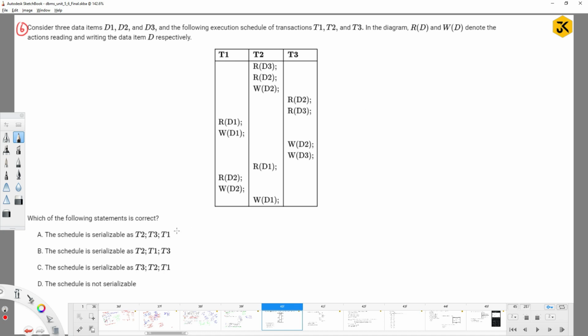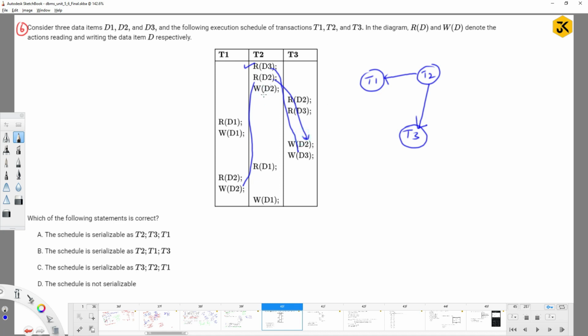What we can simply do is find the dependency graph. So if I try to draw the dependency graph: T1, T2, T3. Read of D3, any problem with T1? No. Any problem with T3? Yes. T1 to write of D3, right? So T2 to T3 there is a dependency. And R of D2 on the left side, write of D2, T2 to T1 there is a problem, and T2 to T3 also, which is already there.